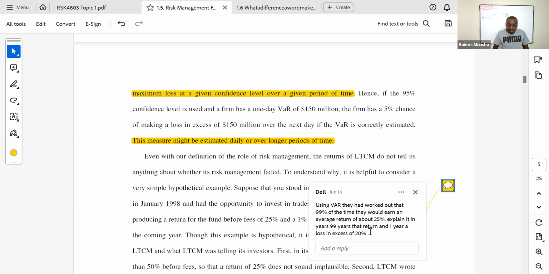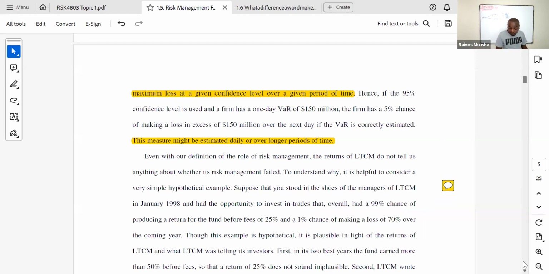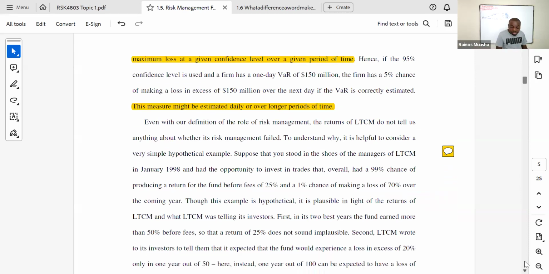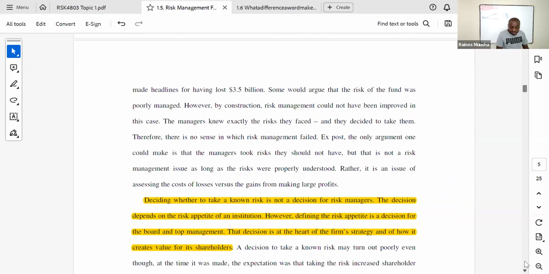So they are basically saying that over a 100-year period, in 99 years of the 100-year period, we're expecting to earn an average return of 25% positive returns. Then 1 year of those 100 years, that's when we are expecting to suffer a loss in excess of what? 20%. So that's basically what their calculations were showing them, based on the calculation of what? Value at risk.